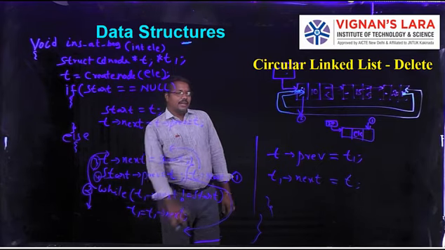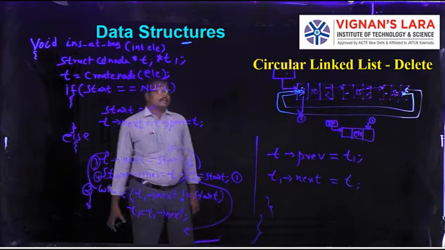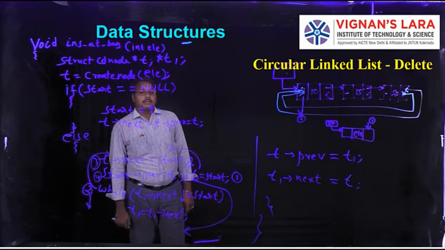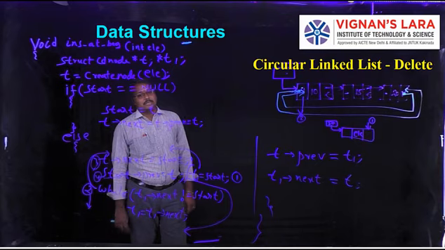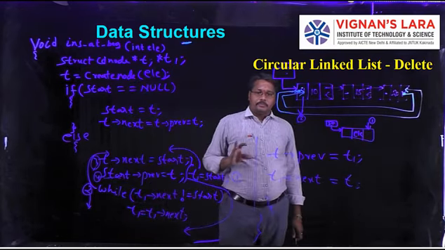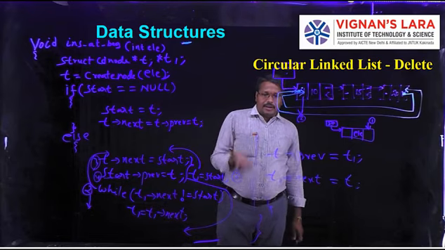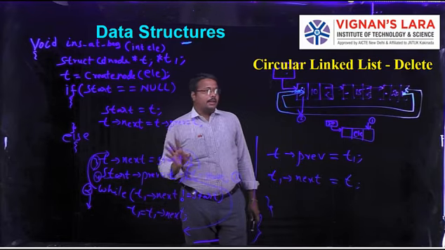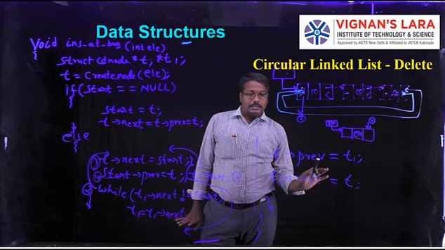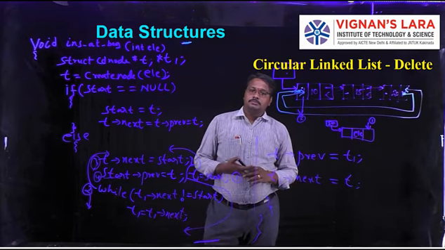So this is the way you can create a circular double linked list, and insert a new node at the beginning position in a circular double linked list. Just rewinding: this is a sample demo model for a circular double linked list.